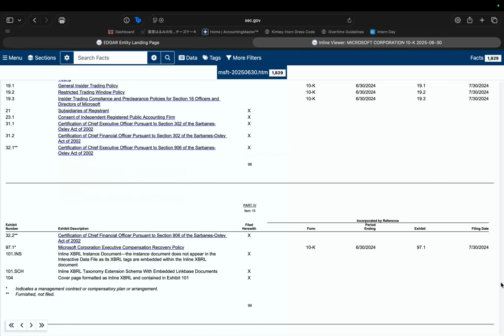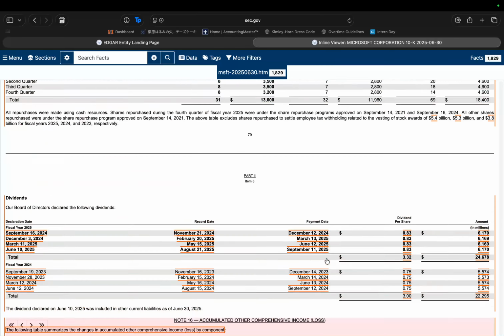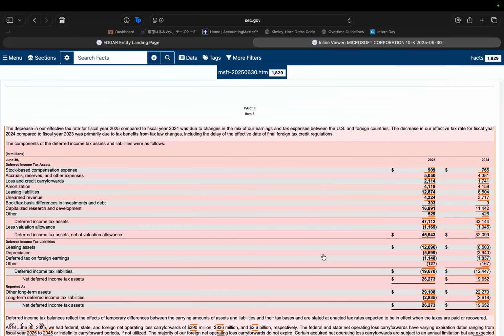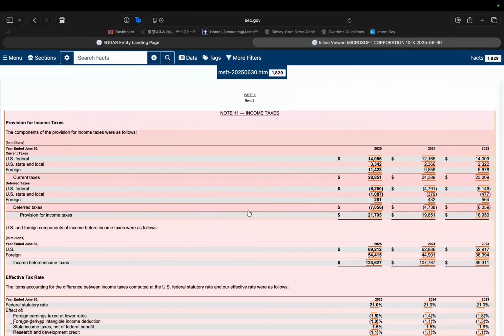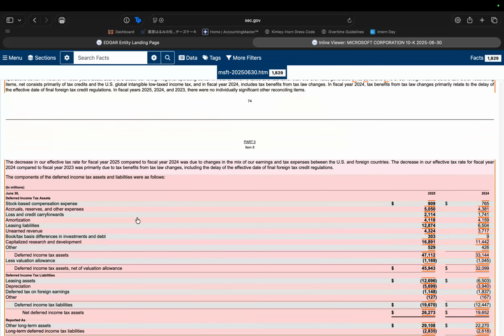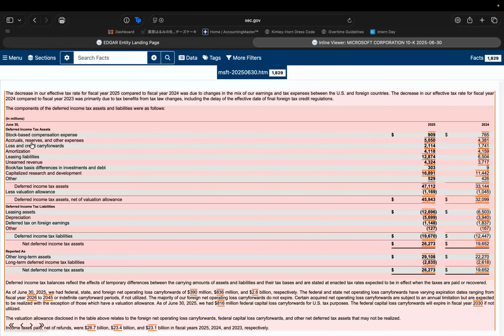I believe on page 75. Yes. So this is the notes to financial statements, but here we can see they actually list out their deferred income tax assets as well as deferred income tax liabilities.